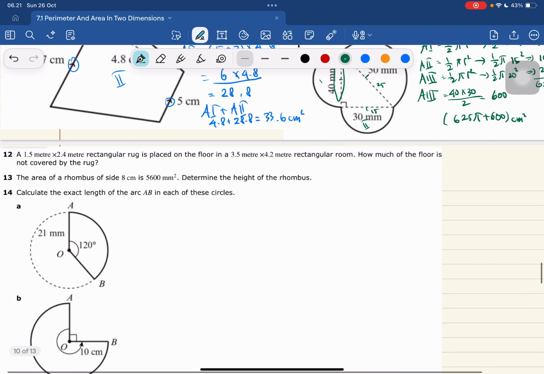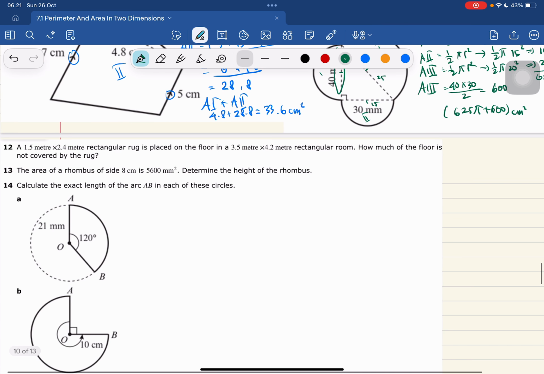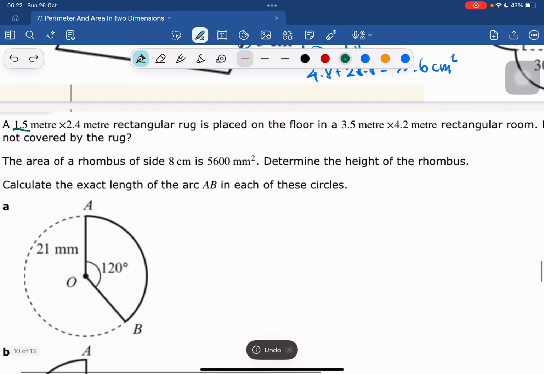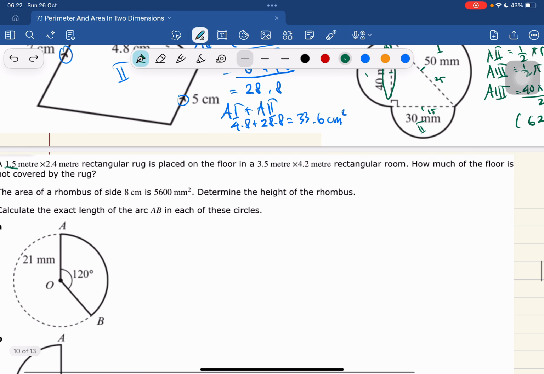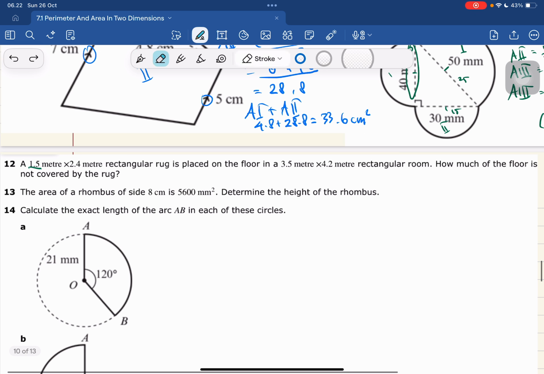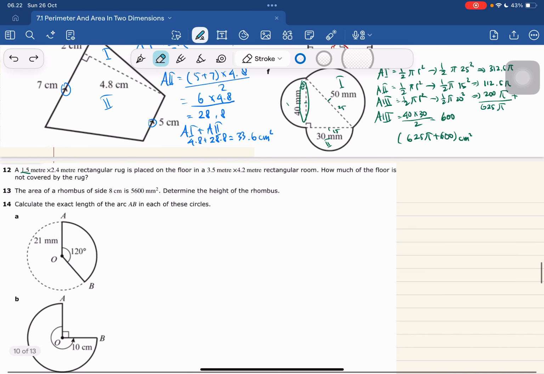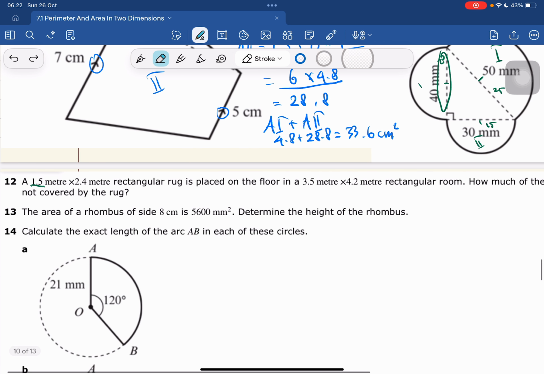Number 12 now. You can see it from here. 1.5 times 2.5. A rectangular rug is placed on the floor of a rectangular room. So how much of the floor is not covered? So let us find the area of the rug.